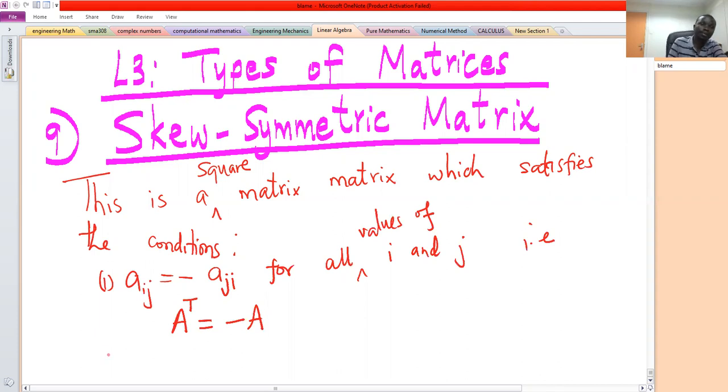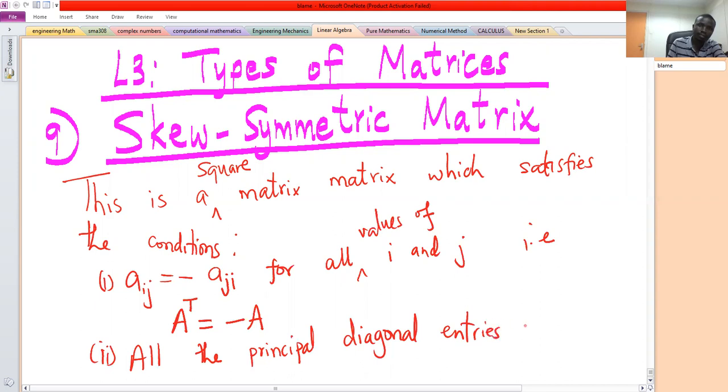And then number two, all the principal diagonal entries are zeros.